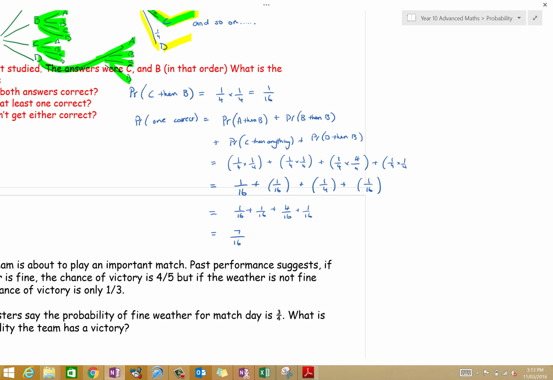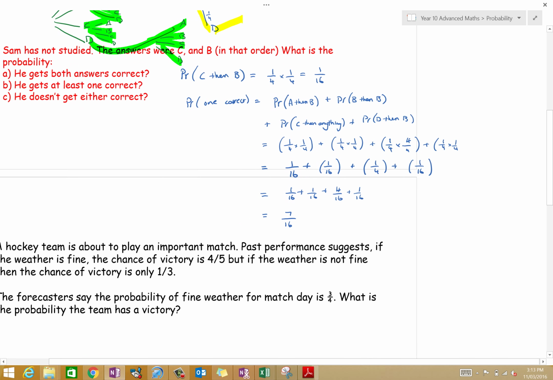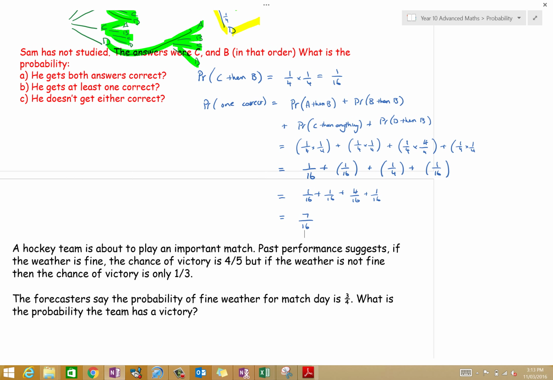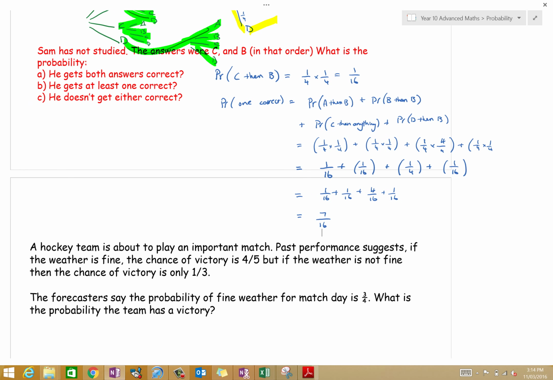That's the probability of getting at least one correct. So if you guess both, there's a 7 out of 16, which is not too bad. You're still looking at under 50%, well and truly. But if you repeated that and then had 3 and 4 and 5, suddenly you're not getting so many.